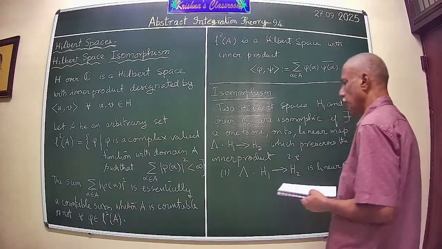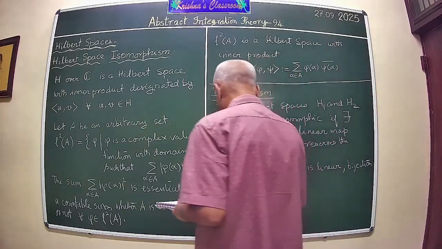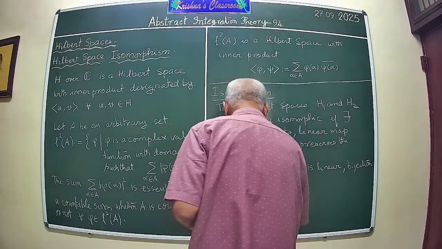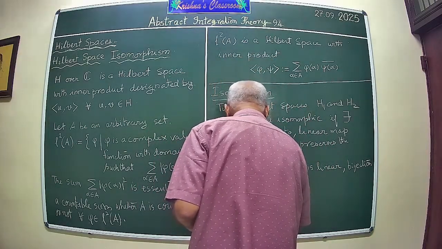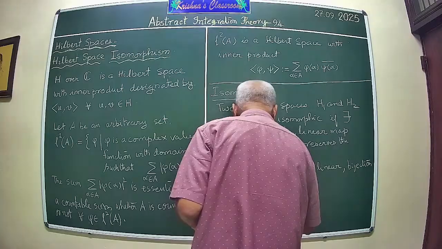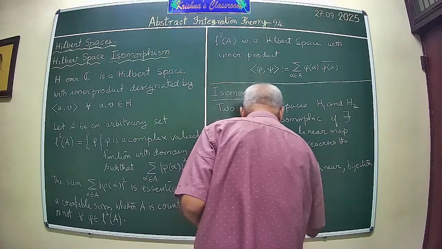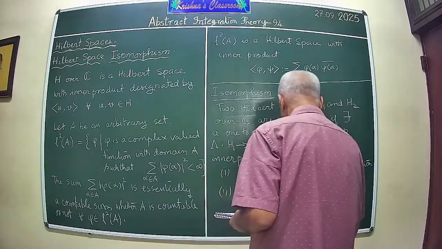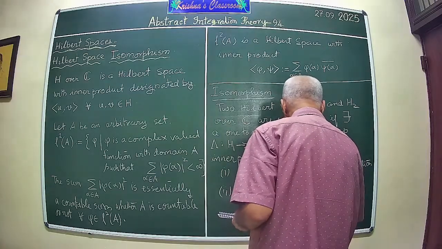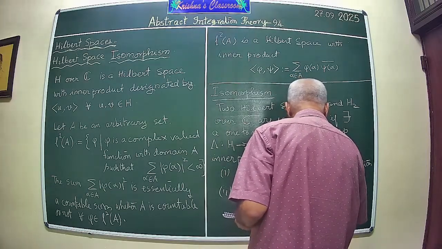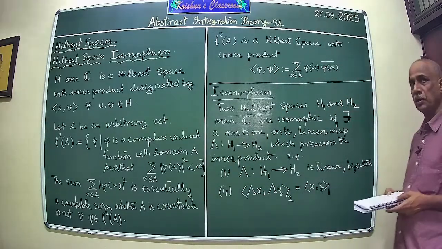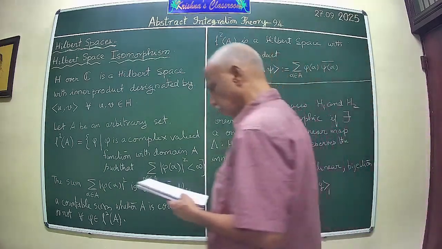Bijection means one-to-one and onto. Two, the inner product in H2 of lambda of u and lambda of v equals the inner product in H1 of u and v. This is what we mean by the inner product being preserved.